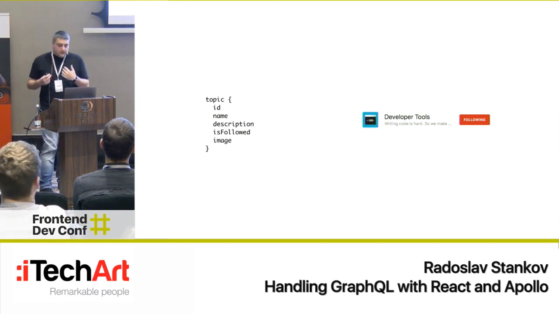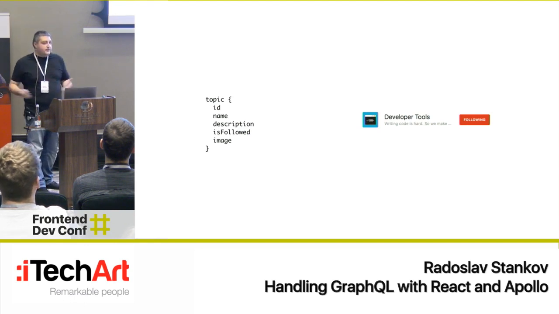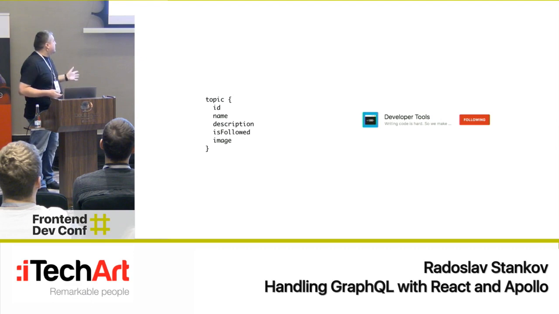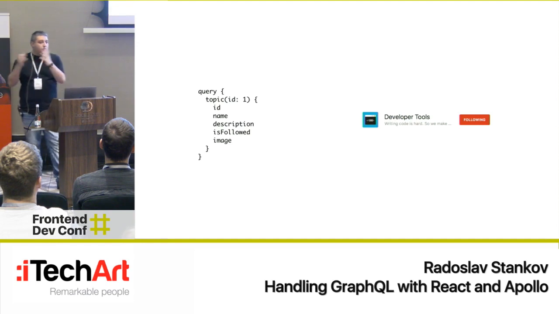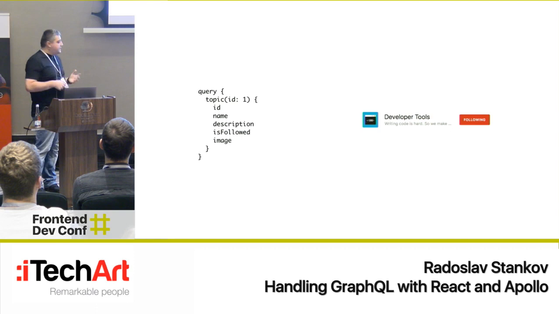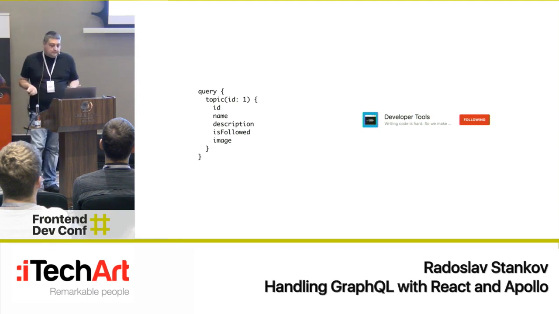You can think of that like a JSON template. This is the way you would describe data when you want to give it to somebody. And that's actually GraphQL. This is valid GraphQL. We just need a bit of syntax to say this is a query, so we want the data. We say, okay, I want the topic, and in our case, the topic by ID 1, just to show that item.